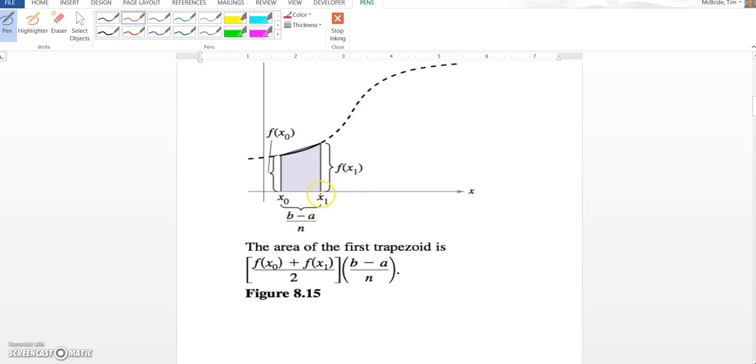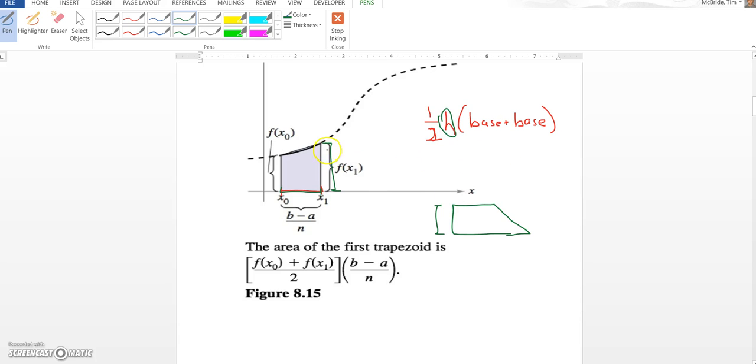So if we take this trapezoid, then this distance here is the height of the trapezoid. If we were to lay this over on its side, it would look kind of like this. So this is the height. Okay, so here's our formula.